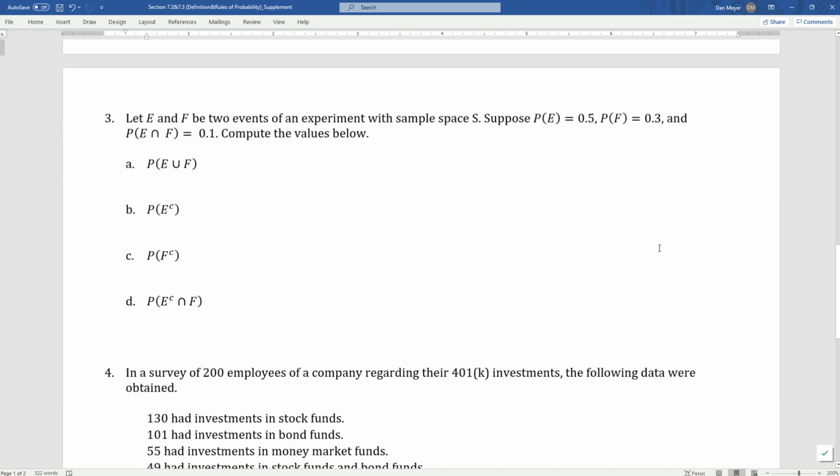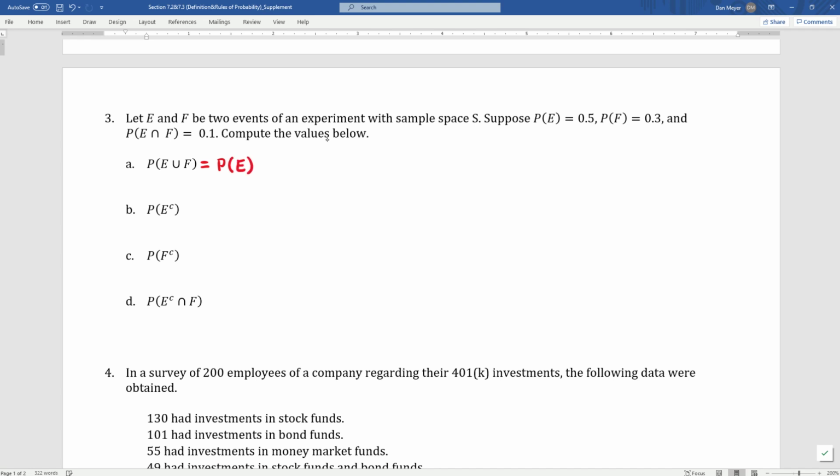In number 3, we have E and F are 2 events of an experiment with a sample space S. We have the probability of E, the probability of F, and the probability of their intersection, and we compute the following values. The probability of E union F: there's a formula for that, the general addition formula.